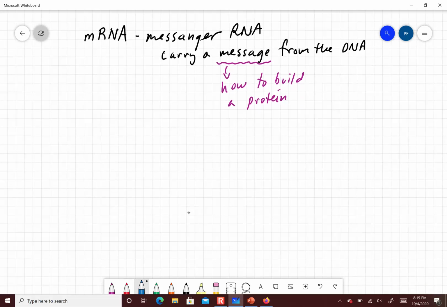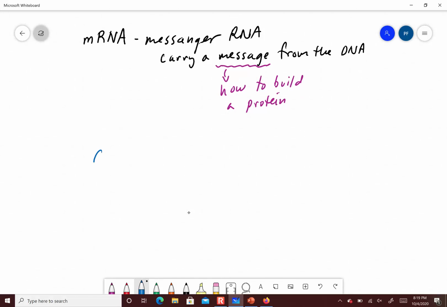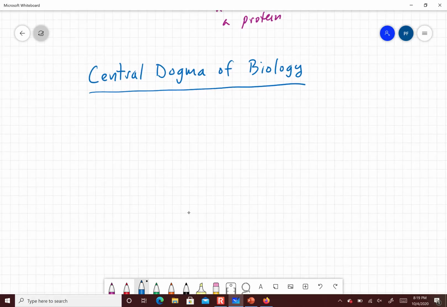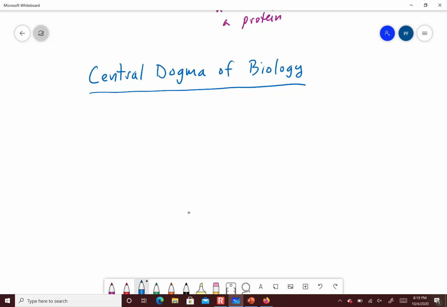So this is an intro into what DNA is used for. What do we do with DNA? It's called the central dogma of biology. This is a core theme. All cells do this.